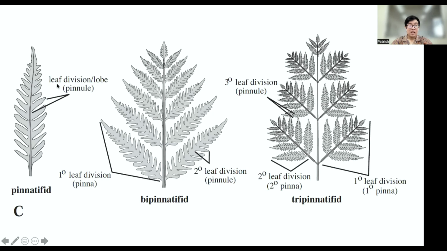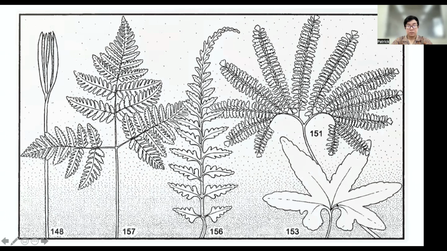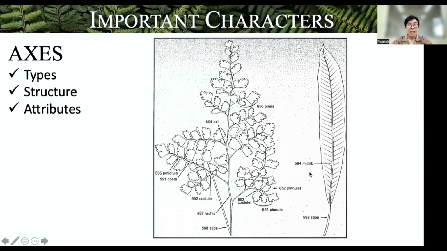So we commonly encounter the pinnatifid, bipinnatifid, and tripinnatifid. So this one is called the digitate, the ternate, the pinnate, the helicoid, and the palmate. So axis refers to the main line of development of an organ.